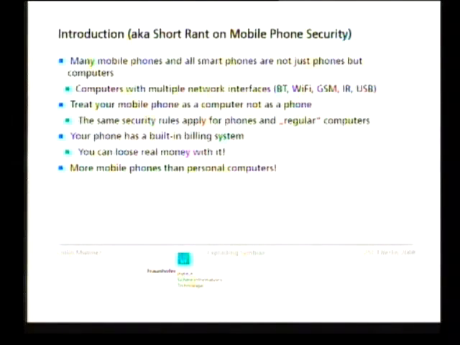Since my main research focus is really mobile phone security, I always start by putting in a short rant on why mobile system security is really necessary. Your phone is not a phone, it's a computer, and a computer with many more network interfaces or connectivity interfaces than your average PC.